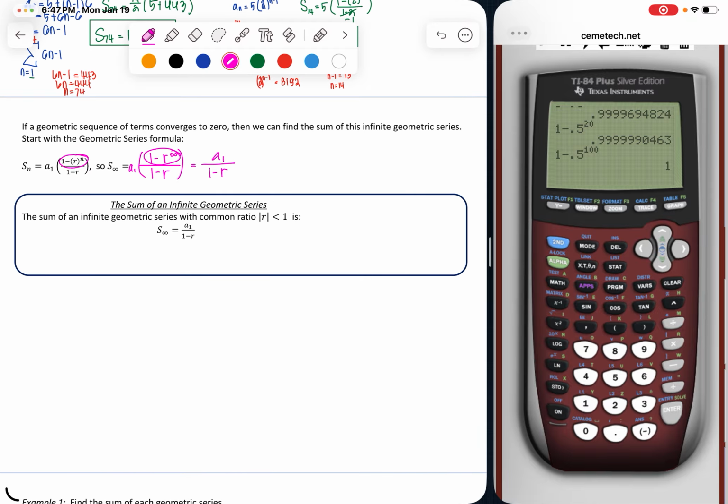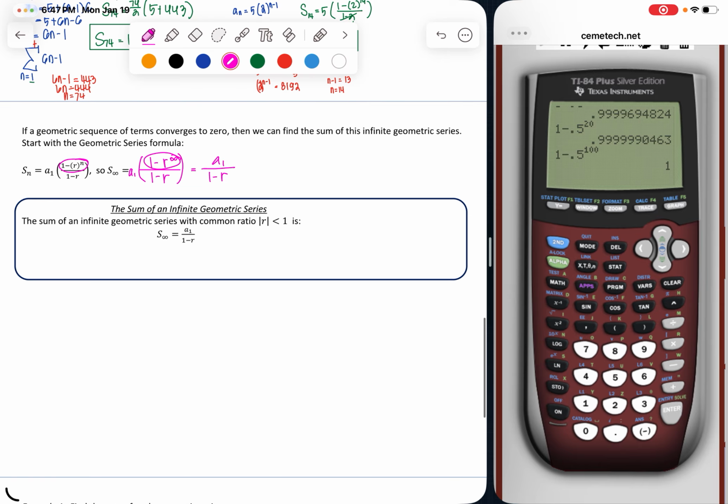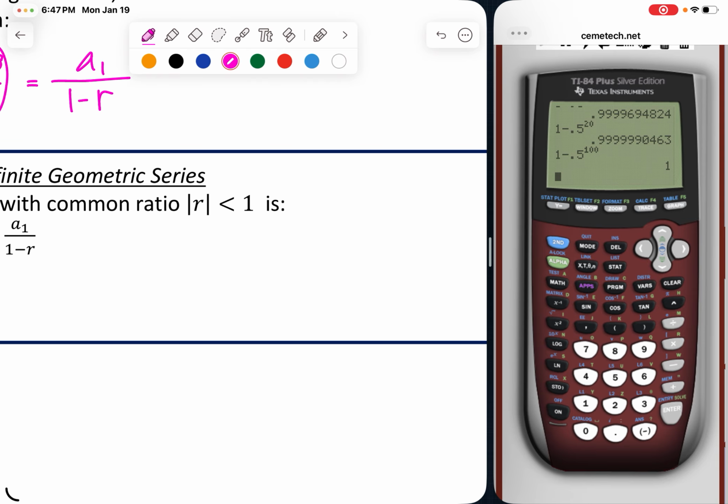When I say the absolute value of r is less than 1, that means that my r value is in between negative 1 and 1, not including 1, not including negative 1. So like negative 0.6, okay. Positive 0.6, okay. 2, not okay.